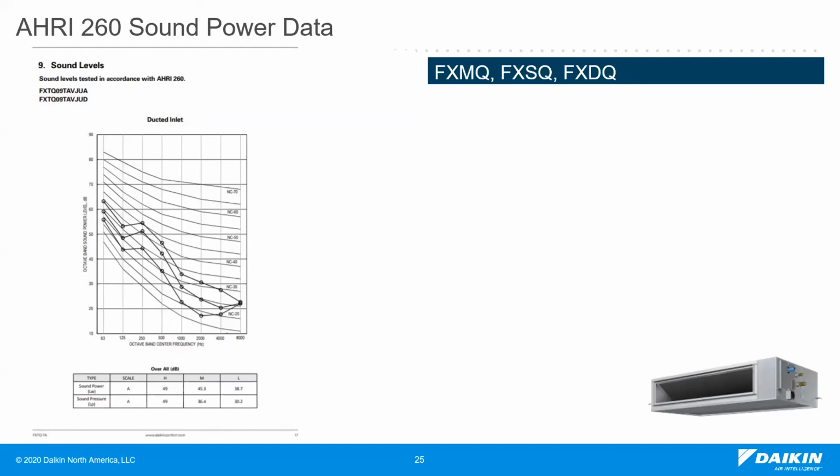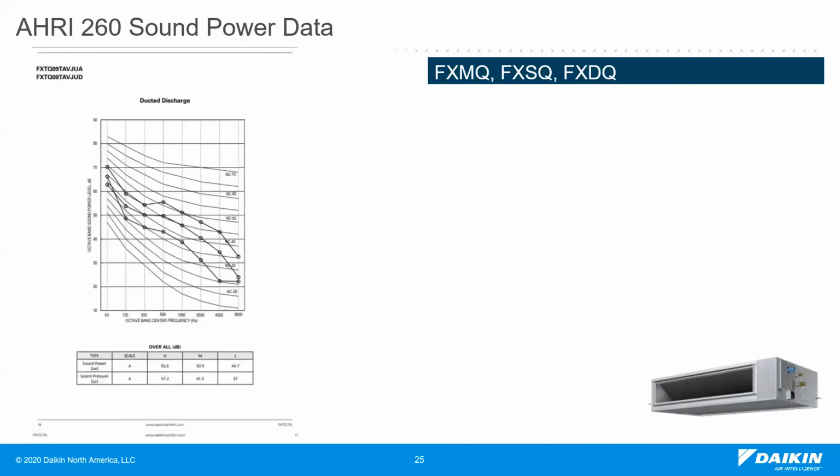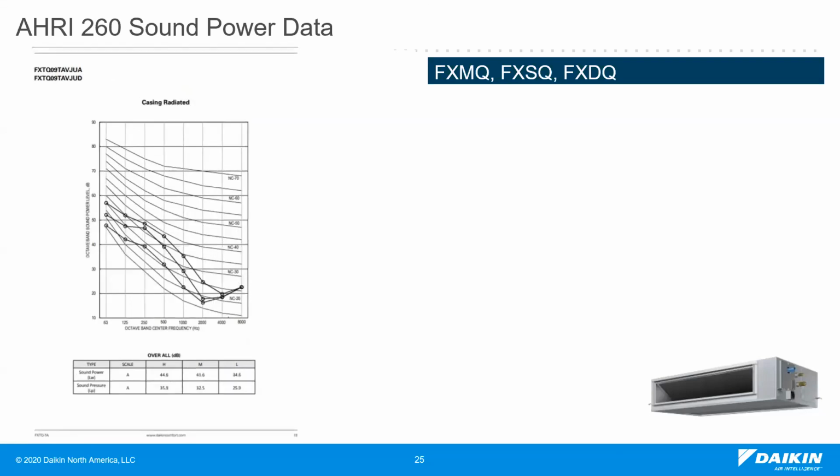The noise criteria specifies the maximum noise levels that can be present in each octave. This is what it looks like for that reverberation room configuration. Then there's one for the same model for ducted discharge, and then the same data presented for the casing radiated reverberation case. That just repeats for every larger or different size of FXTQ.